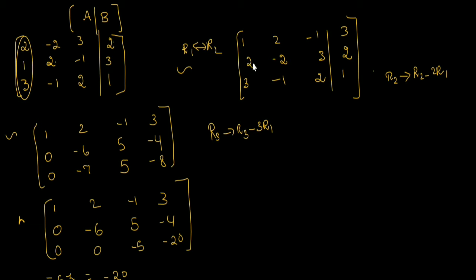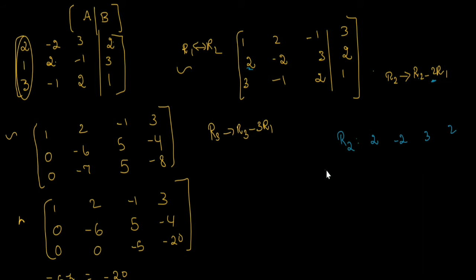To make it 0, we use the elementary row transformation R2 becomes R2 minus 2 times R1. What is the row R2? R2 is 2, minus 2, 3, 2.